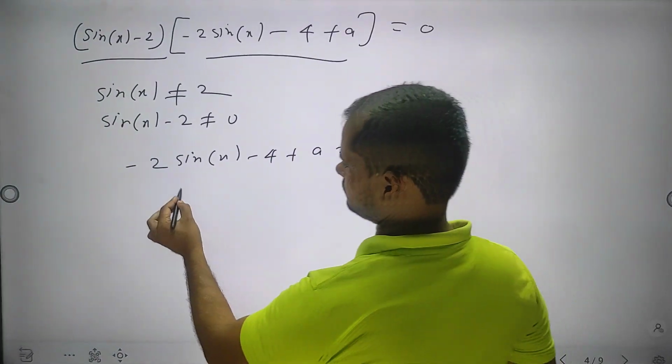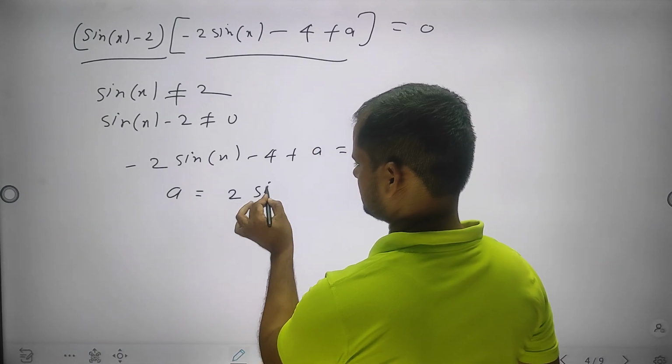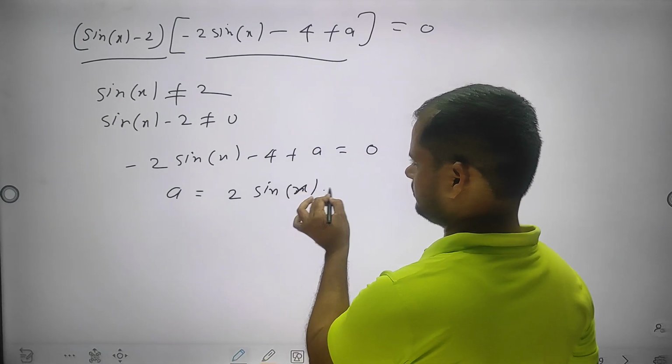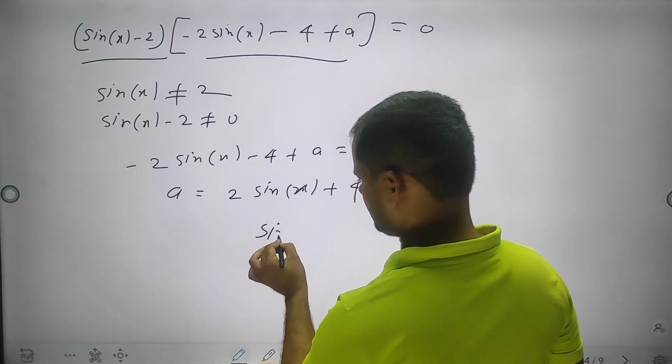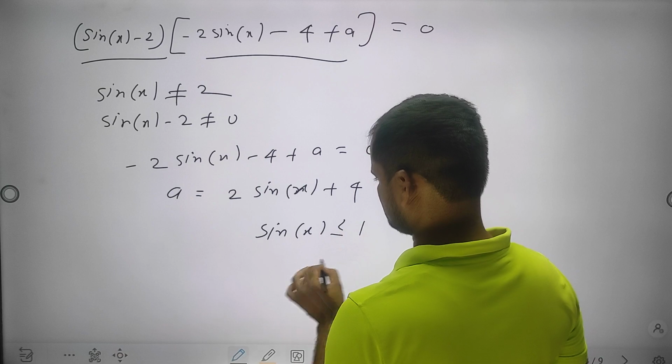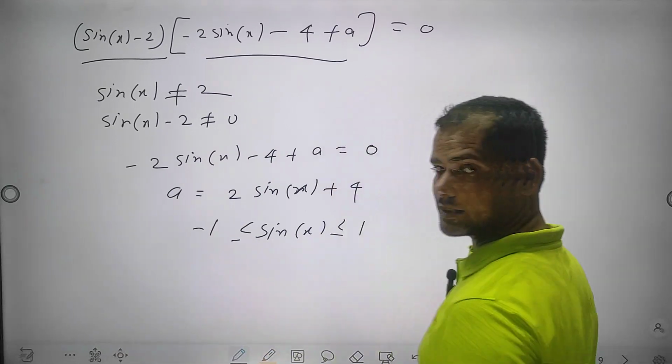Now a equals 2 sin x plus 4, and we know that the range of sin x is minus 1 to 1.